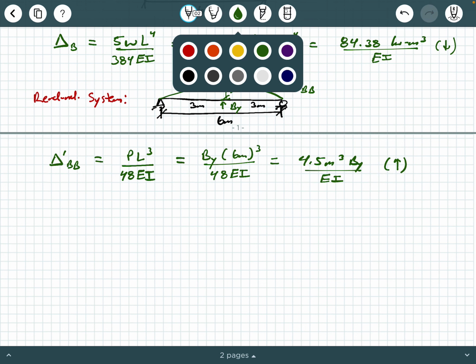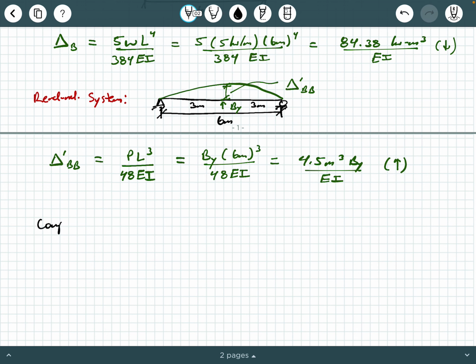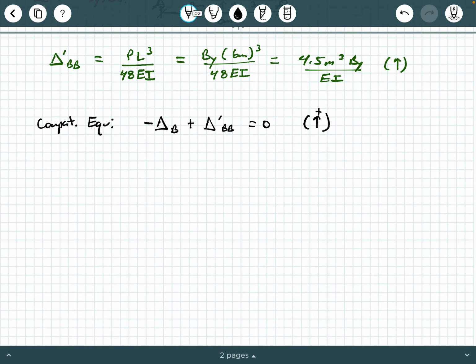Now we're going to set up our compatibility equation. And that is going to take the form of negative delta B plus delta prime BB equals 0. That's going to take that form when we say deflections pointing upward are positive. So we can substitute our two expressions for delta B and delta prime BB into this compatibility equation.